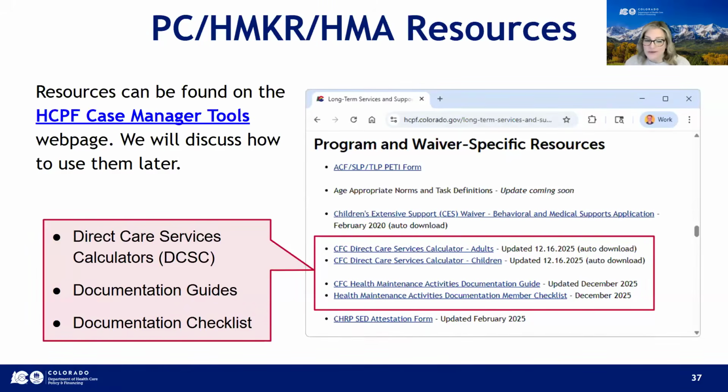So I encourage you to bookmark this page, flag it, keep it handy. We want you to be accessing services from the website so you have the most updated version. And we'll discuss more about some of these resources and processes later on in the training. Also, additional information can be found in our memo series.